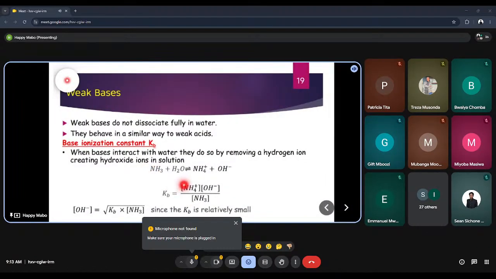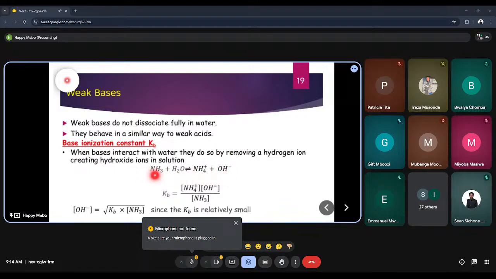So when your base undergoes ionization in solution, notice that nitrogen has got a lone pair of electrons on the ammonia molecule. Through that pair of electrons, it can interact with water molecules, in which case it's going to abstract protons from the water molecules to form a conjugate acid, which is a protonated ammonium molecule called ammonium ion, and the remaining part from the water molecule, which is the hydroxide ion, is the conjugate base.